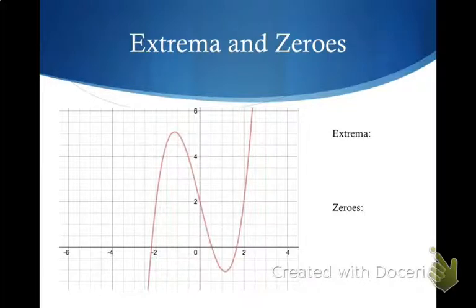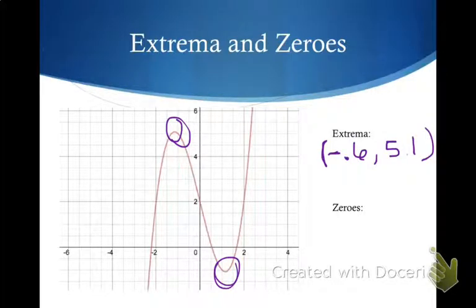Visually, we'll find our extrema here and here. So we would find that this one would be approximately negative 0.6 and 5.1, and then this other one would be like positive 0.6 and negative 1.1. That's just my best guess.